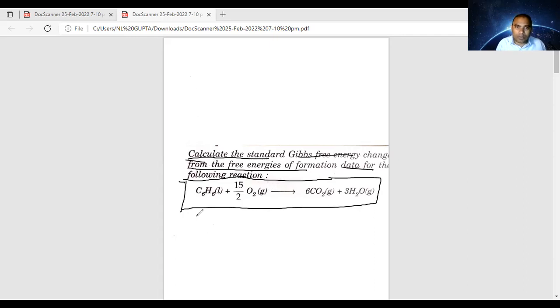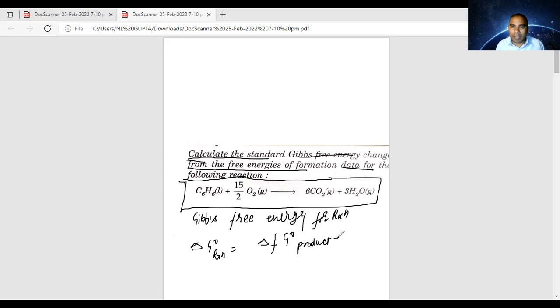Now, I told you Gibbs free energy for reaction. How do we calculate Gibbs free energy for reaction? The formula is: delta G naught reaction is equal to delta F G naught of the products, minus delta F G naught of the reactants.